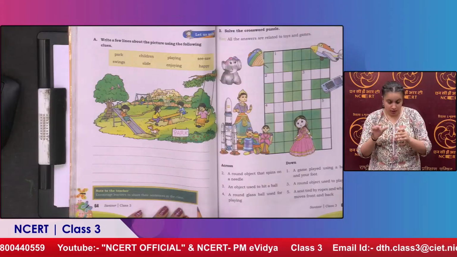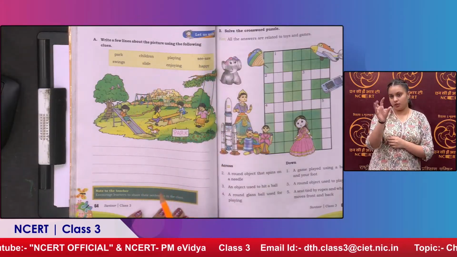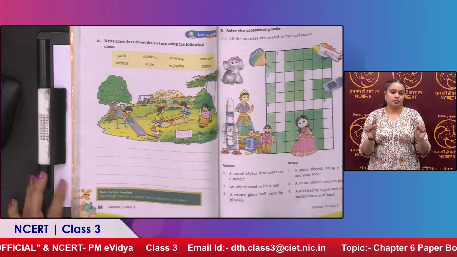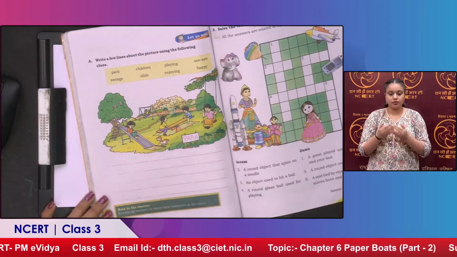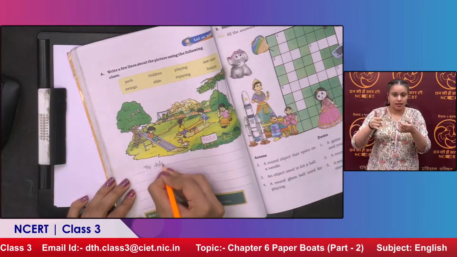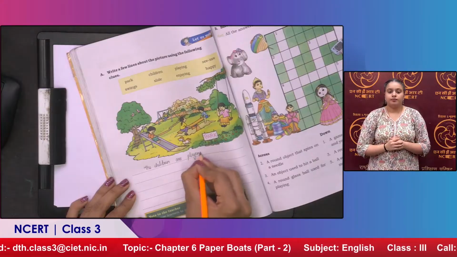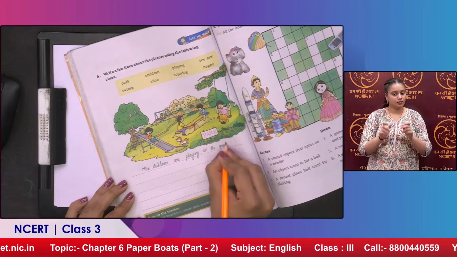So the kids have to choose any one word from the box above and make a sentence. For the very first sentence, I will make: the children are playing in the garden. So I will make this sentence, the children are playing in the garden or in the park.